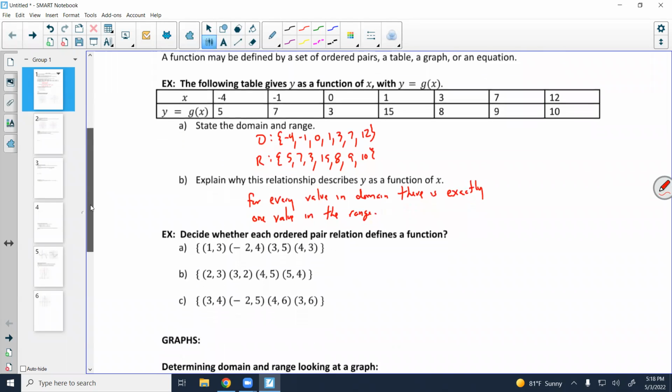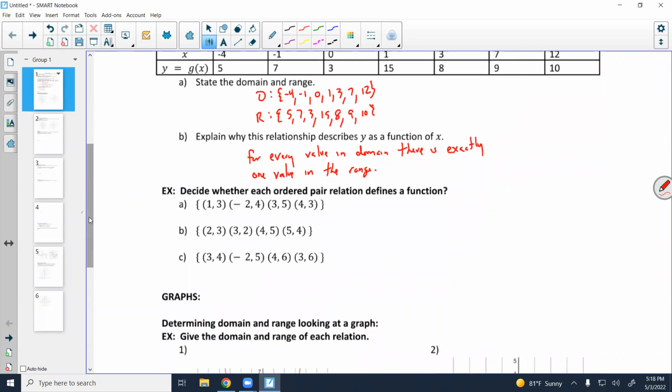So let's decide if these sets of ordered pairs define a function. Okay, so let's see. I have the x value of 1, gives me a value of 3. That's one value. I have an x value of -2, gives me a value of 4, one value.